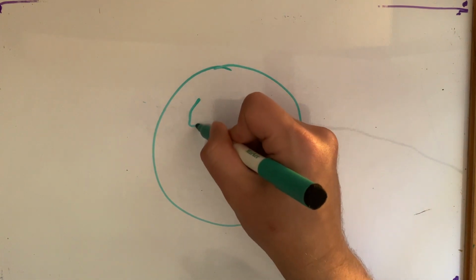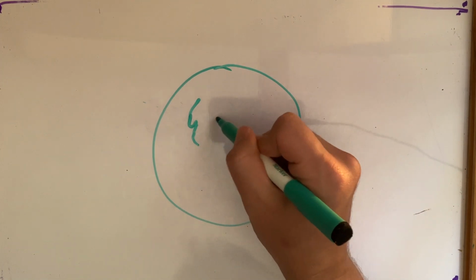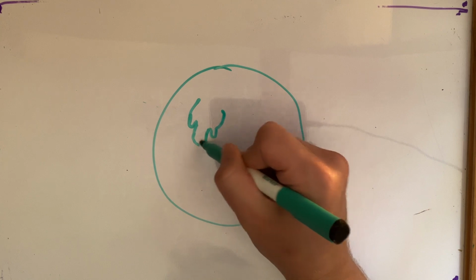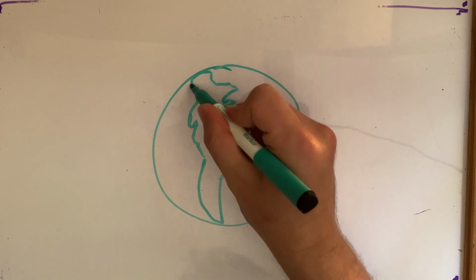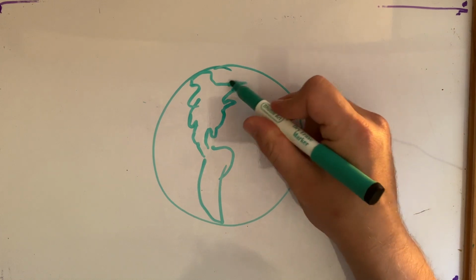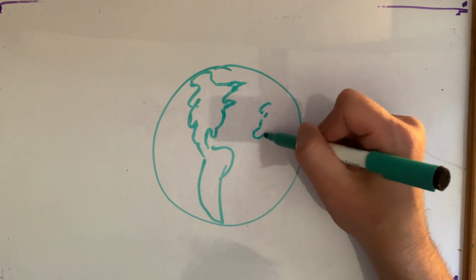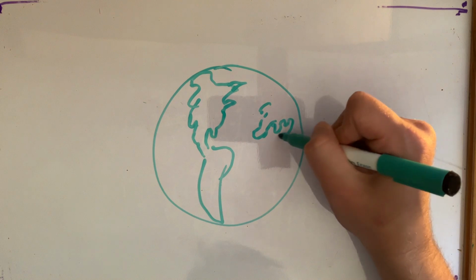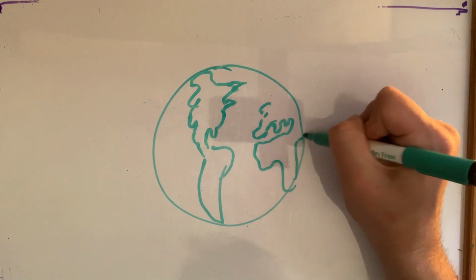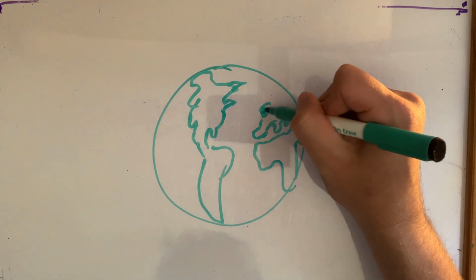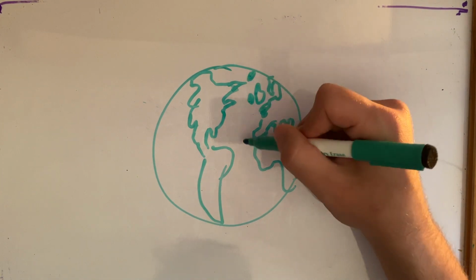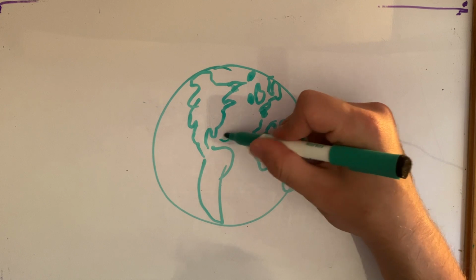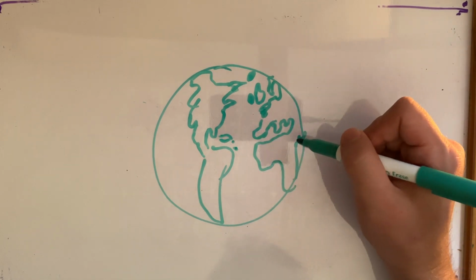The world right now uses base 12. Forgot about Asia. Can't really draw it here. See that world right there? Guess what number system it uses?